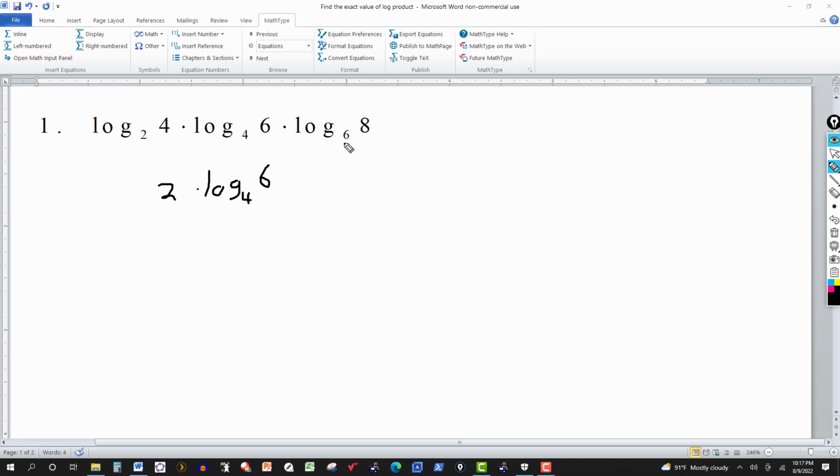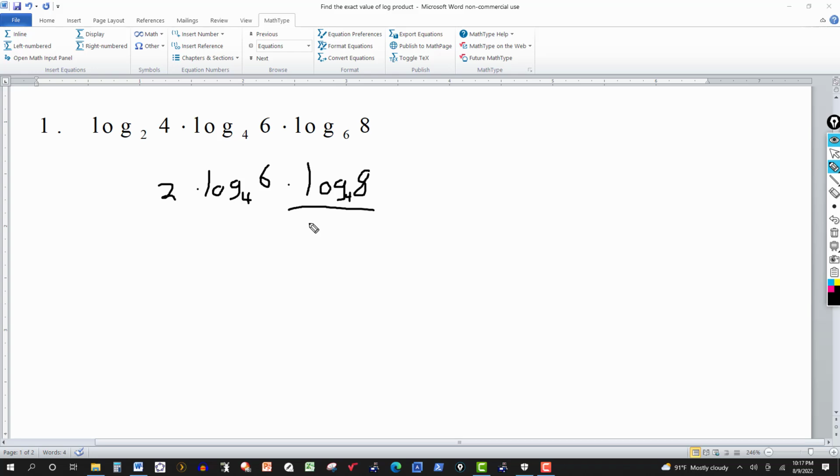Then I just work with this one and change the base on this one. Again, we're all multiplying here. This will be the log of 8, and I change the base to 4, because this is 4 over here.